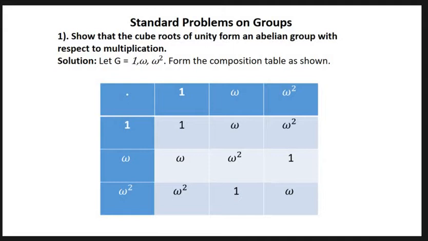If you multiply in a different order, ω² into ω is ω³, that is 1. Again 1 into ω is equal to ω. So the associative law is satisfied.